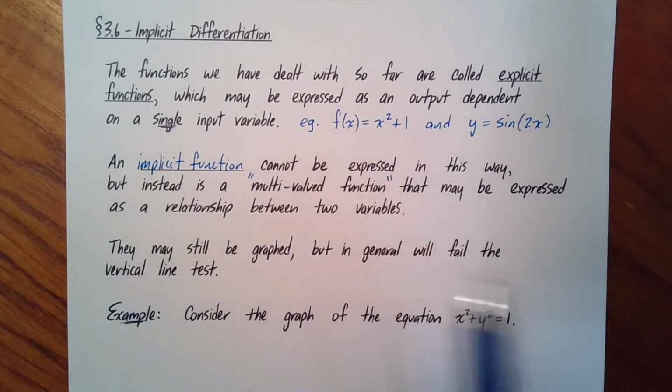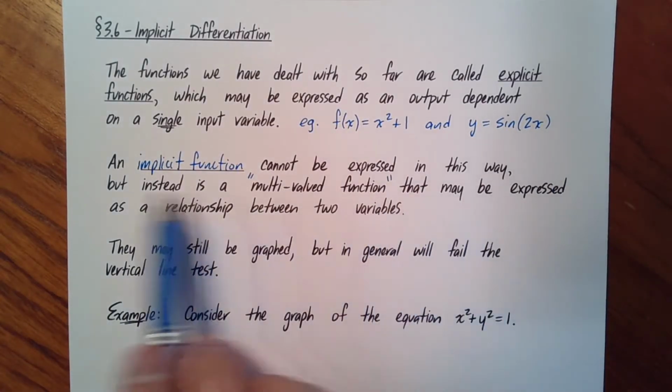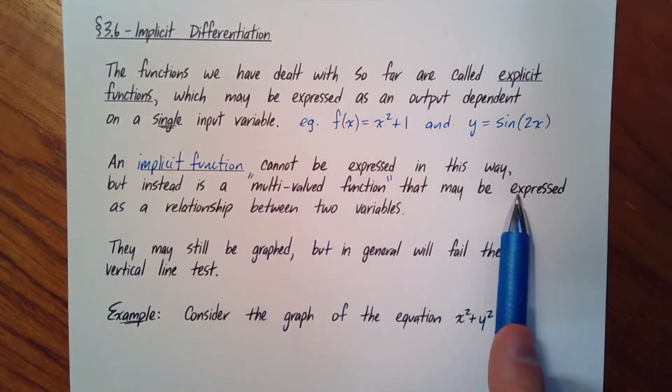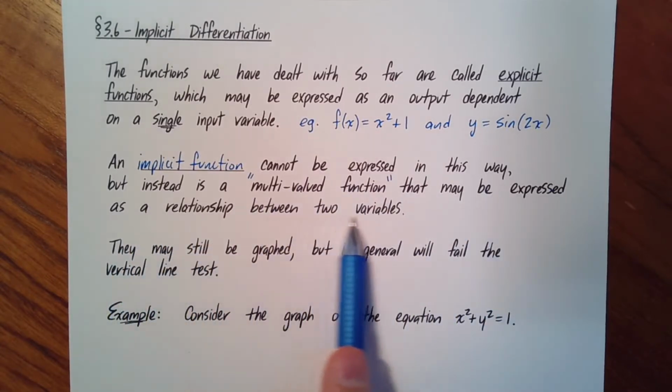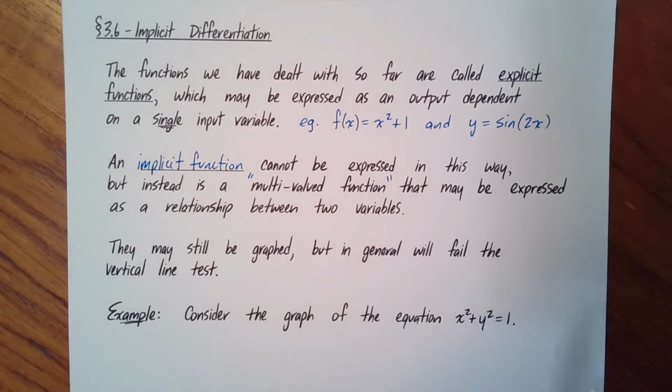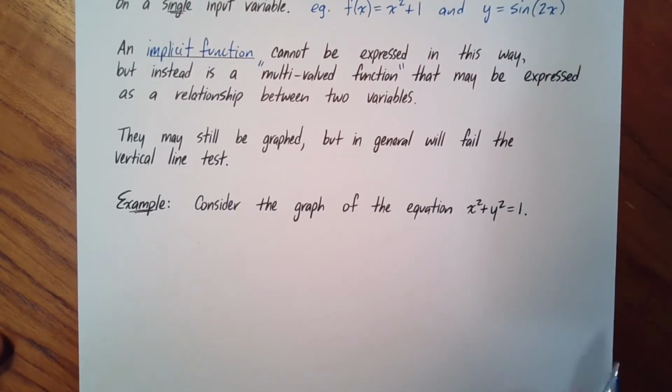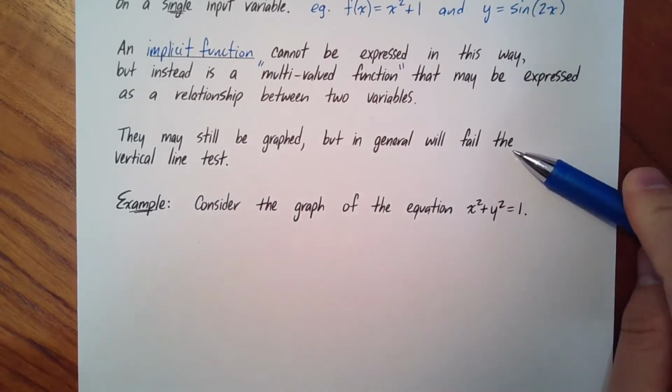Okay, so really, this last part of this line here where it says they may be expressed as a relationship between two variables, that's really all implicit functions are. They're relationships between two variables. Okay, so that's about as much as we can say without actually getting into an example. But one last thing that I've written down here, I'll just mention it.